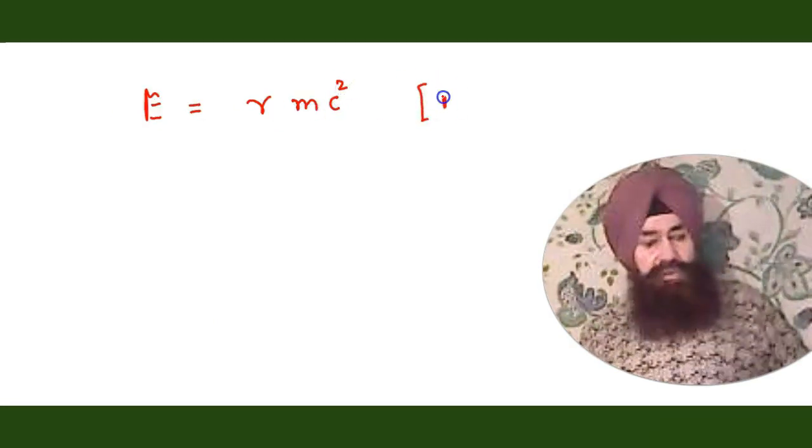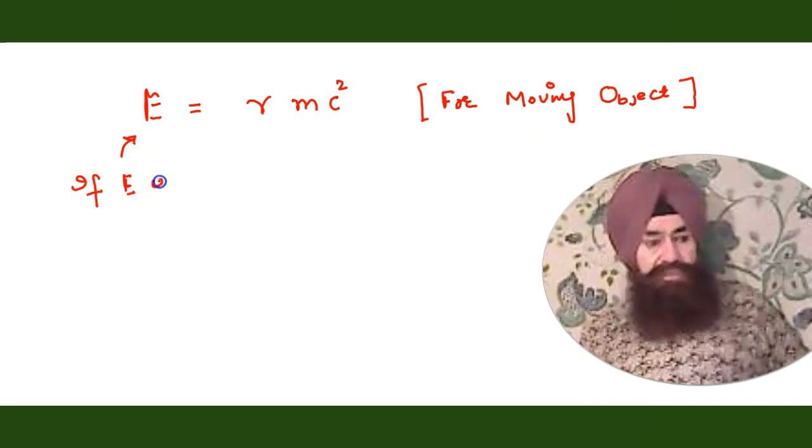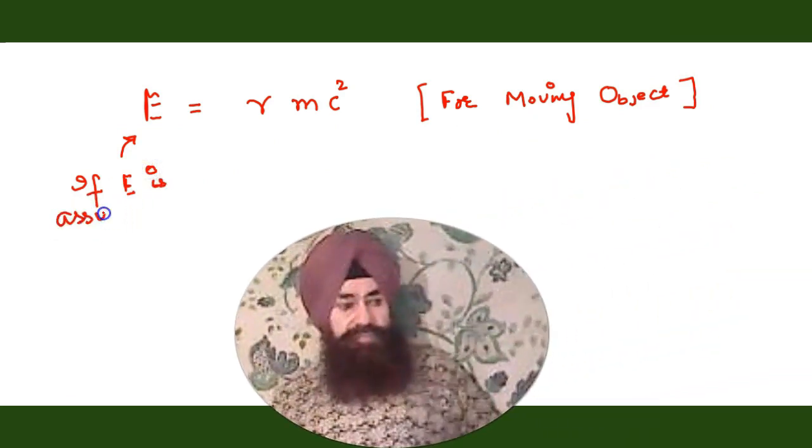You know, I already told you E is equal to gamma mc square is a nice equation which is applicable for rest masses as well as for moving masses. Now look at one thing.